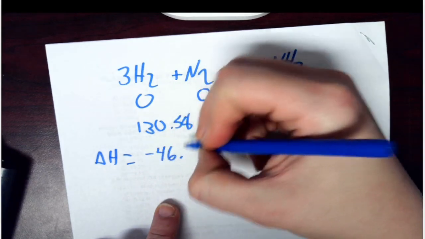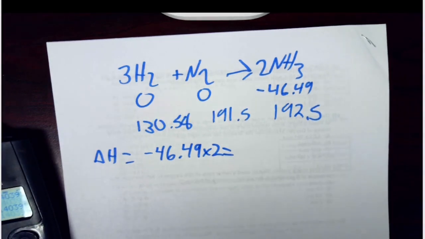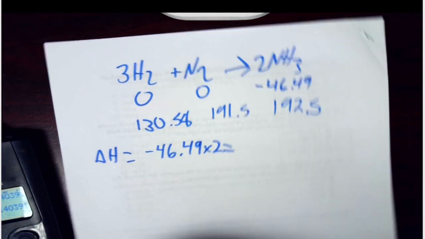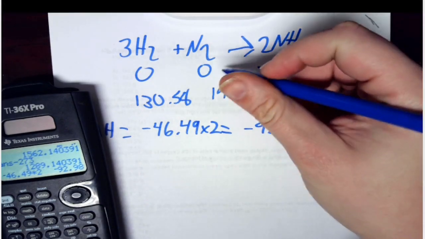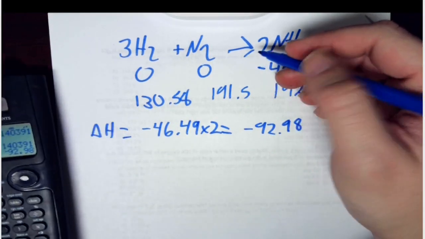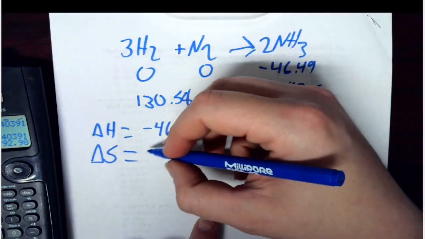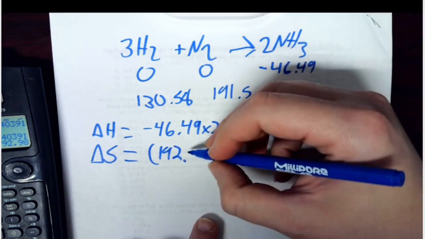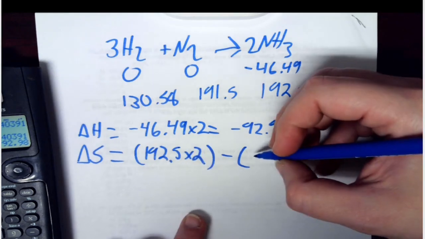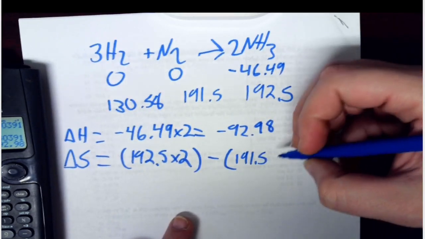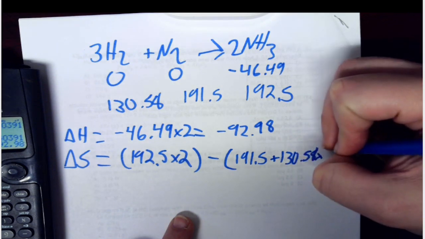But okay, so delta H is just going to be negative 46.49 times 2. 46.49 times 2 is negative 92.98. Because minus 0 and minus 0 times 3 is going to be 0. The delta S is a little bit trickier, so we're going to have to say 192.5 times 2 minus 191.5 and 130.58 times 3.